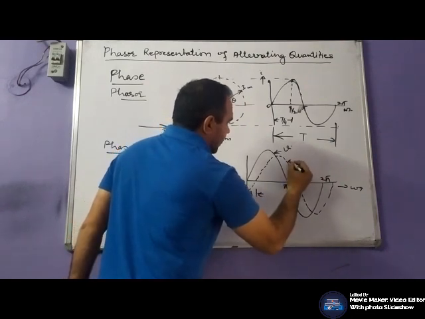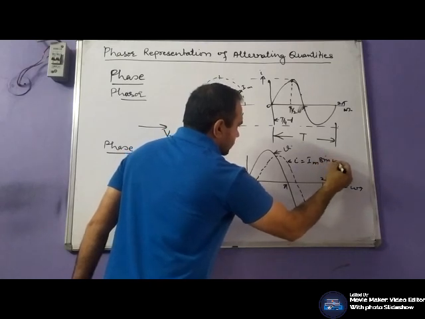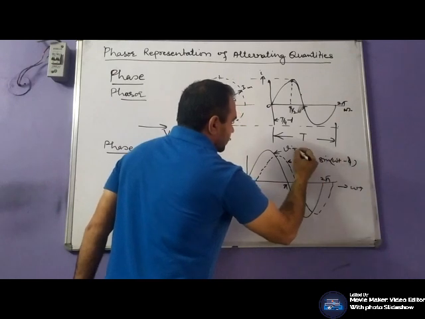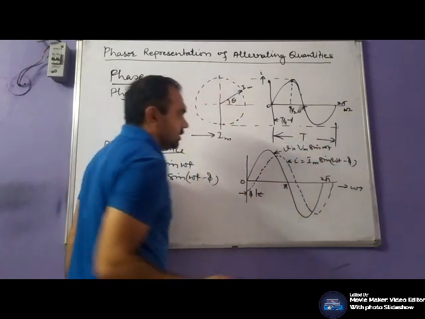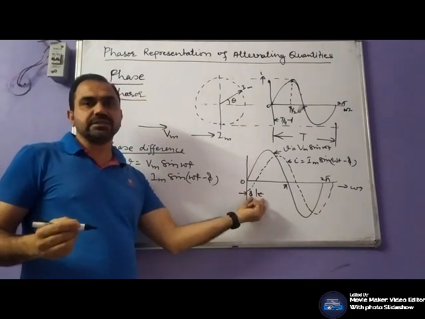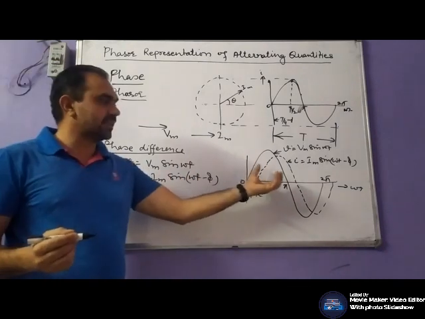So, this is current, Im sine of omega t minus phi, and Vm sine of omega t. So this phi is the difference in phase of two alternating quantities.